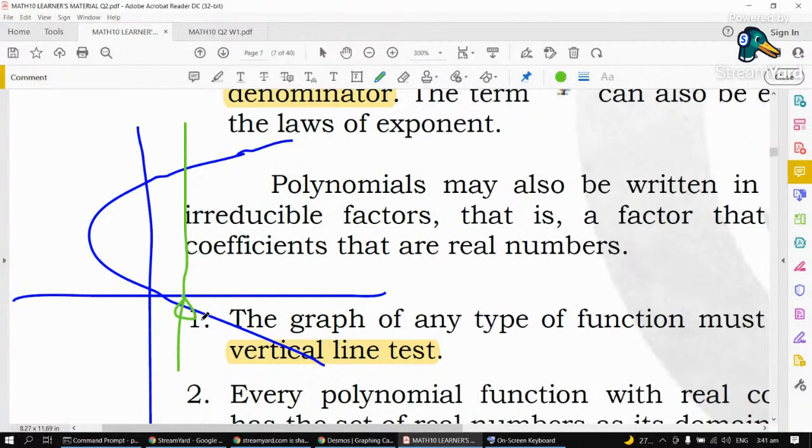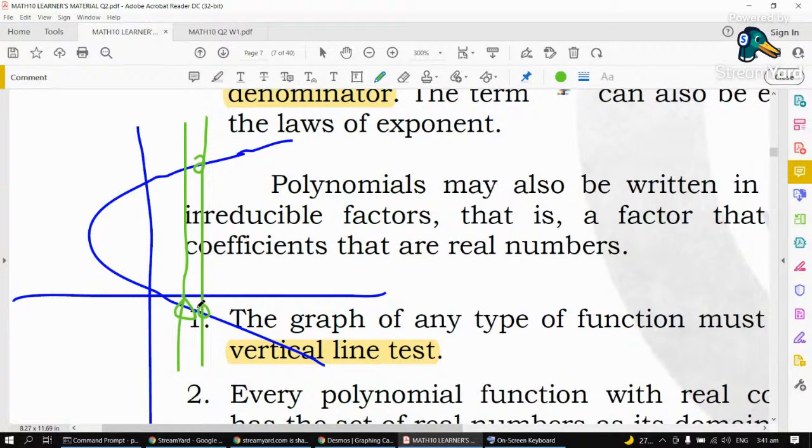Okay? So, ibig sabihin, kapag nag-drawing tayo ng vertical line at meron siyang tinamaan na more than one, pwedeng hindi dalawa, pwedeng mas marami pa sa dalawa, then hindi siya function.